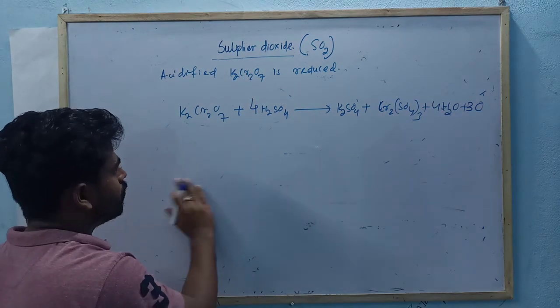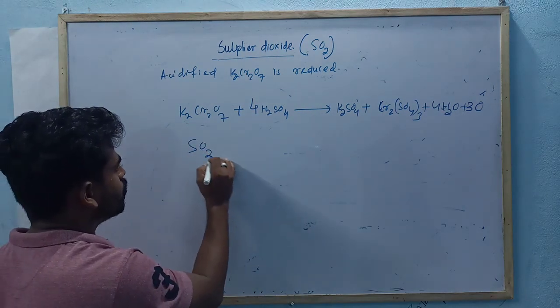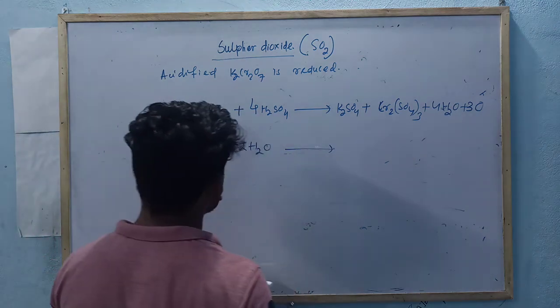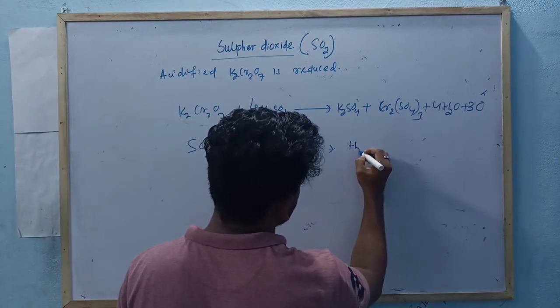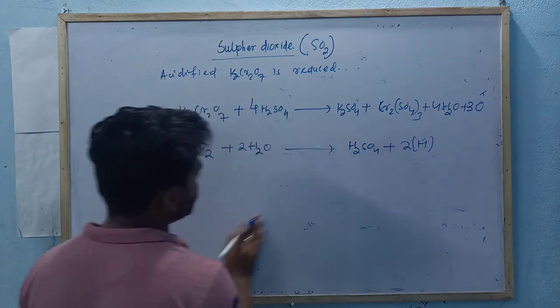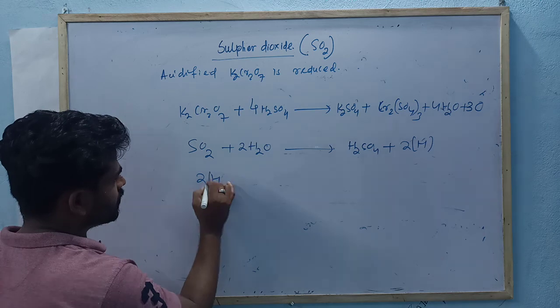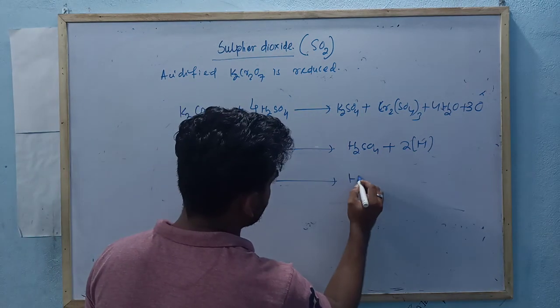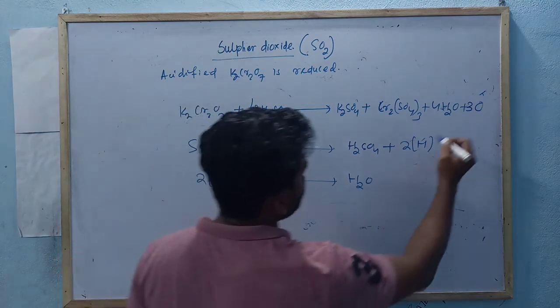Okay. So now we have to write SO2 plus 2H2O giving rise to your H2SO4 plus 2 nascent hydrogen. Again, that 2 nascent hydrogen gets that nascent oxygen and gets converted into H2O. Okay.